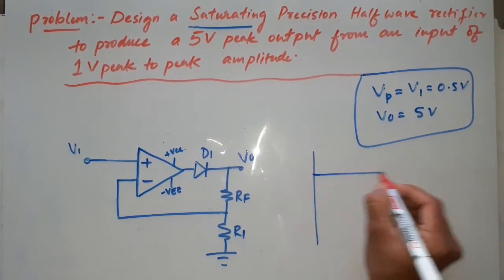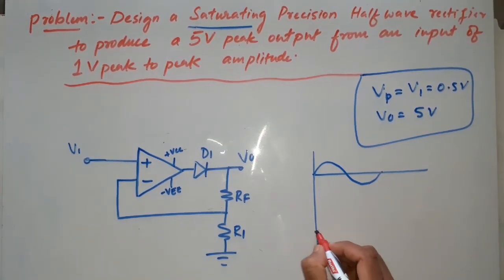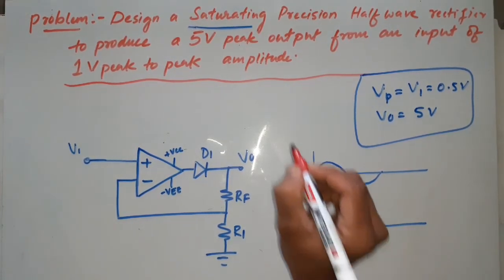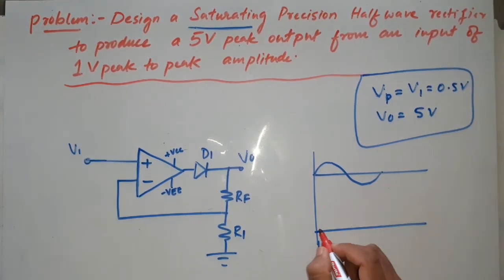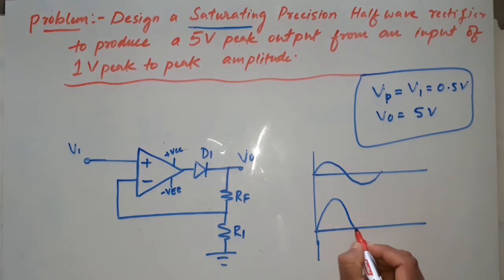So here, if this is your input, your output is going to be, as we have seen, input is 0.5, output should be 10 times, right?